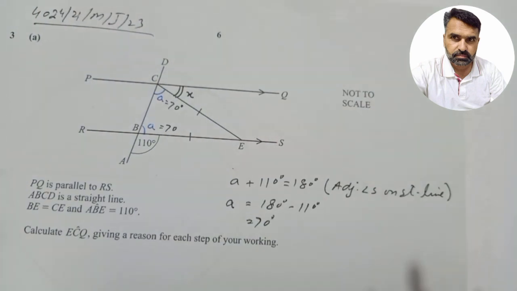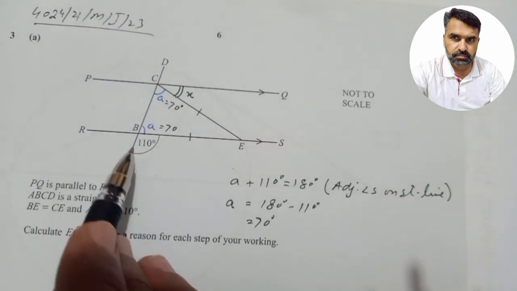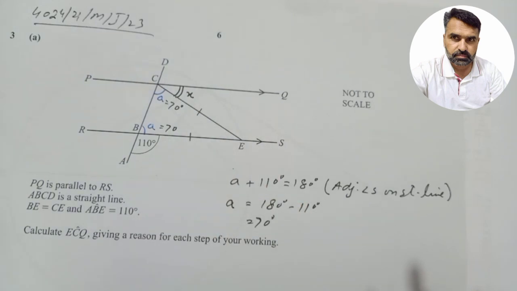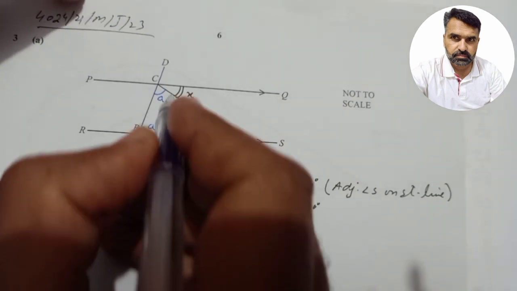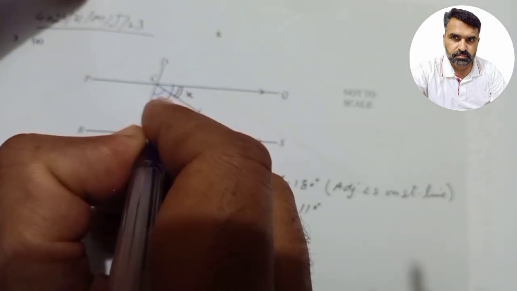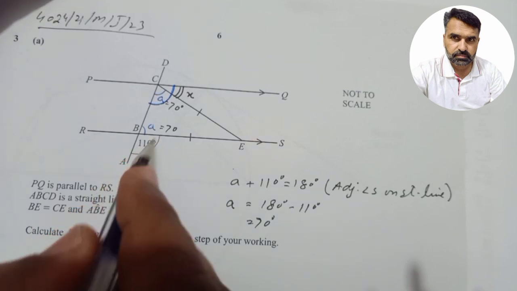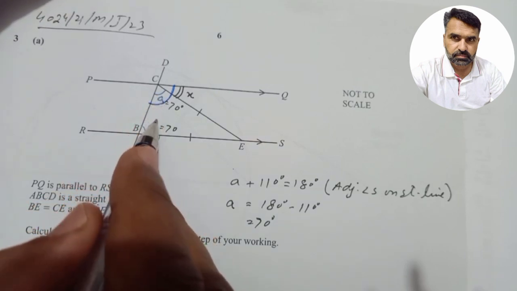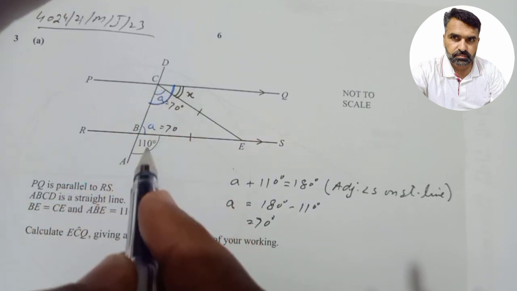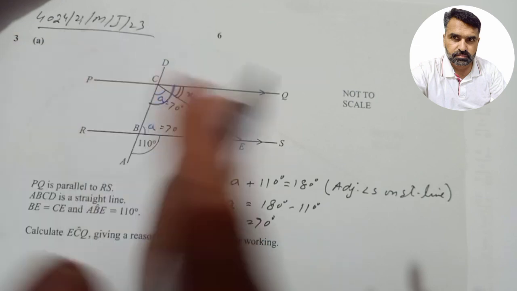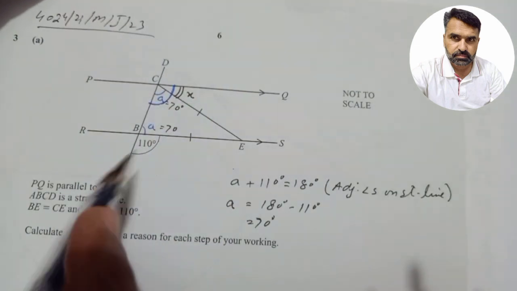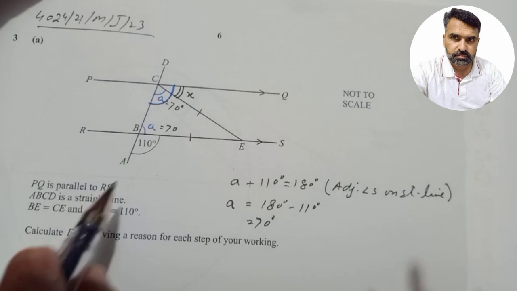Now students, look at angle BCQ. Angle BCQ will be equal to 110 degrees. This complete angle BCQ will be equal to 110 degrees. The reason is these two angles are corresponding angles because both the angles are below the parallel line and on one side of the transversal line. ABCD is the transversal line.